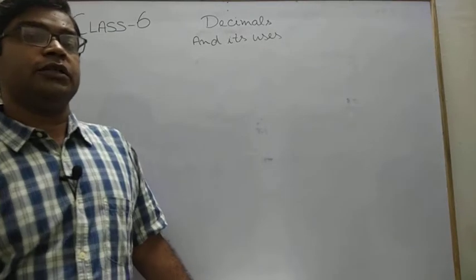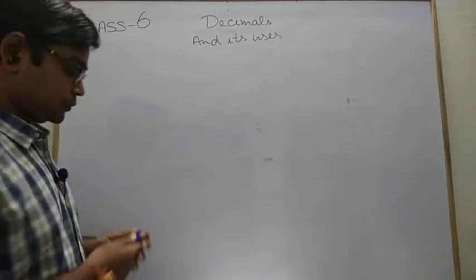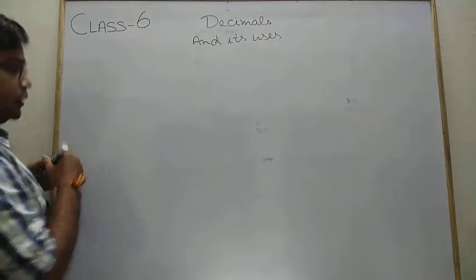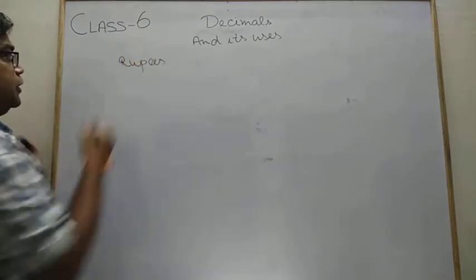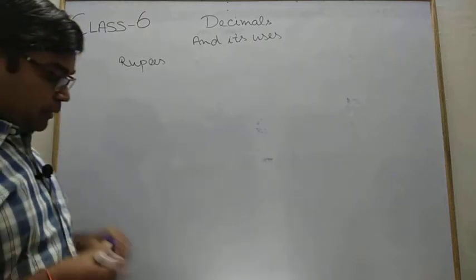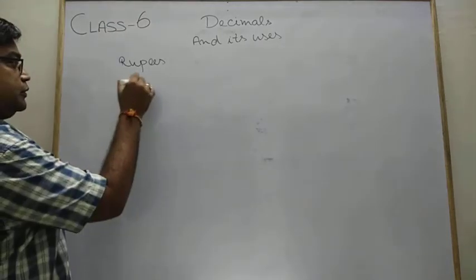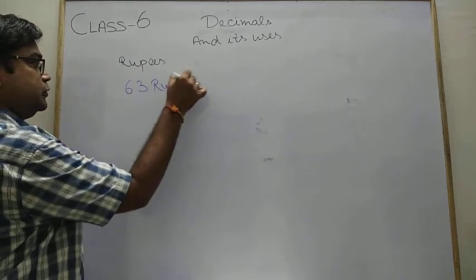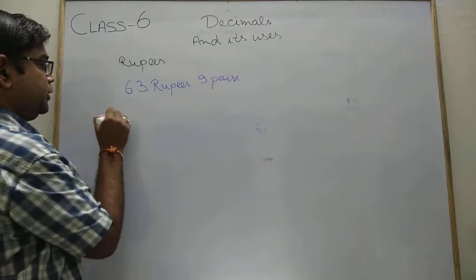The very first question, conversion of paise into rupees. How do we convert? Suppose it is given that 63 rupees 9 paise. What does it mean?